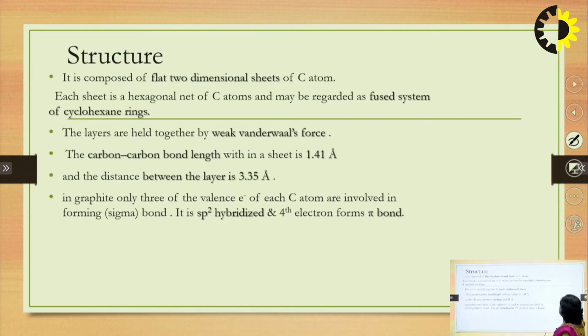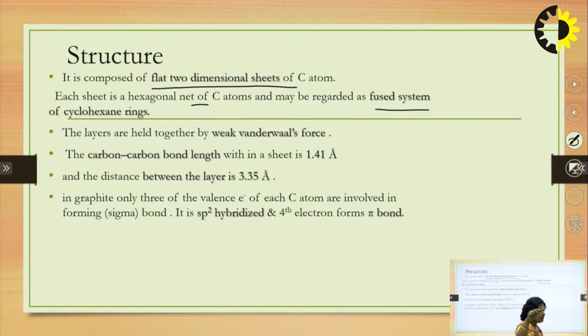Now we talk about the structure of the graphite. Graphite itself is a very important and very specific molecule. Why is it specific? Because it has a hexagonal net. It has a flat 2-dimensional sheet of carbon, which is regarded as a fused system.